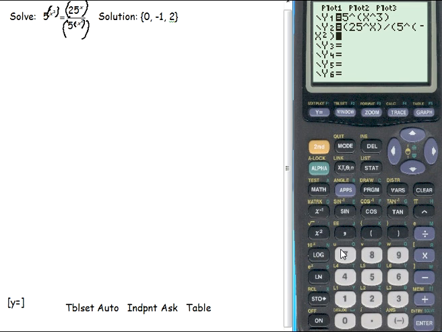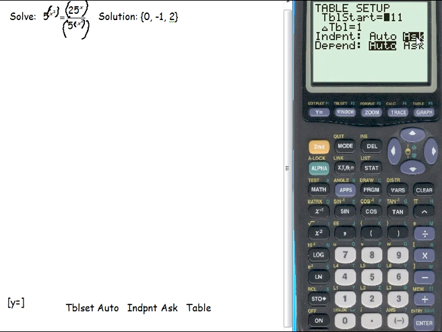And then we're going to use the table, and we're going to have table set on auto so we can just enter the values that we know to be solutions. Not on auto, on ask I mean. And so let's go to table set, and it is already set on ask.